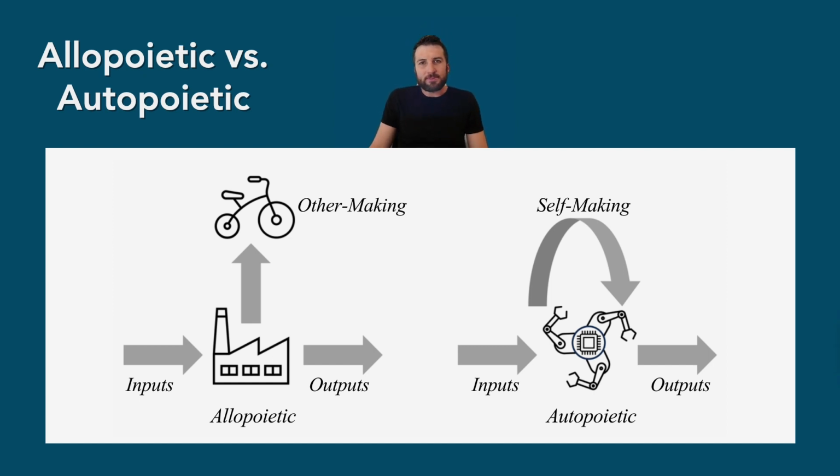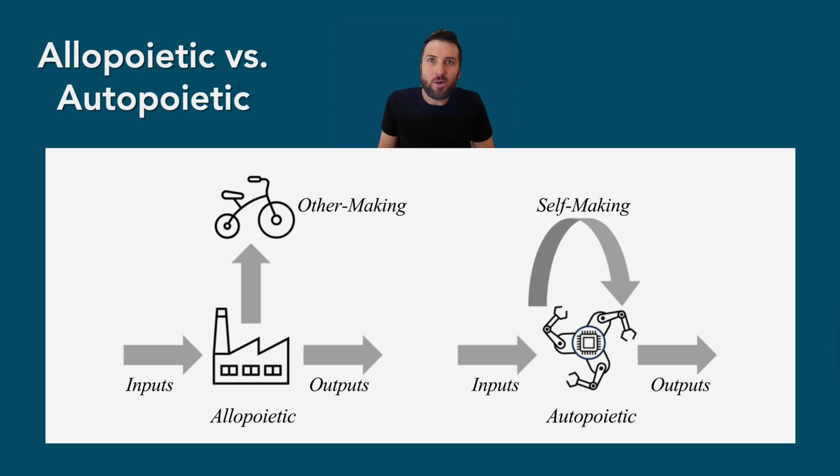The notion is that through energetic inputs and the outputs that are released, the ordered thing that the system is making is not something else, like a bicycle from the factory, but it's creating the very system which is creating the order. So it's a meta process. In this example, this 3D printer would have simple inputs, but it would create everything it needed to run.